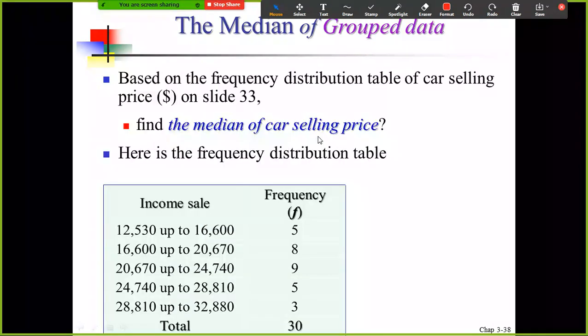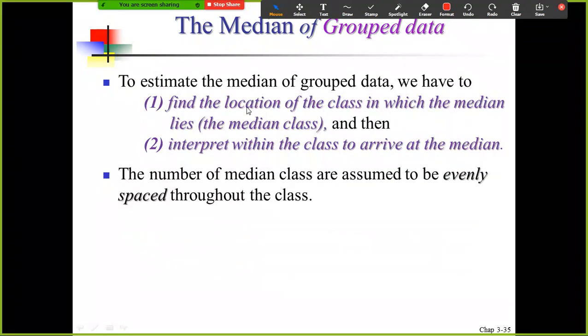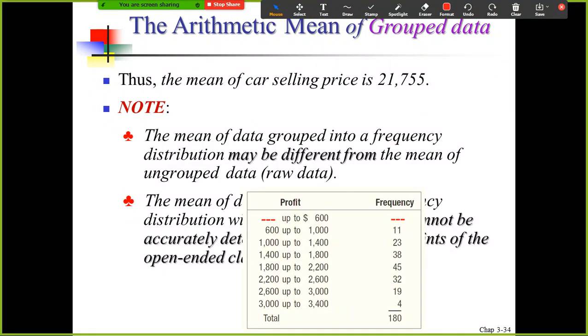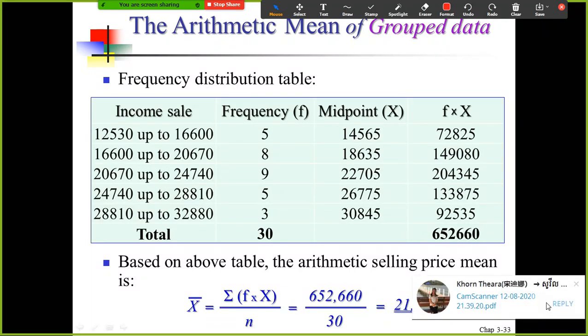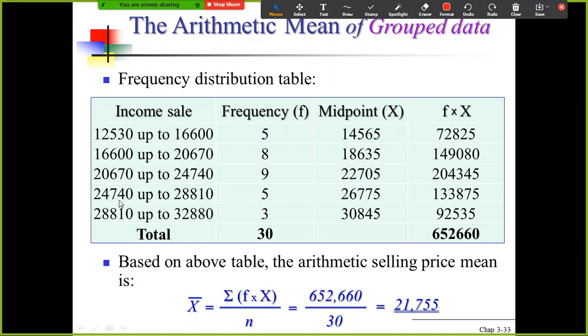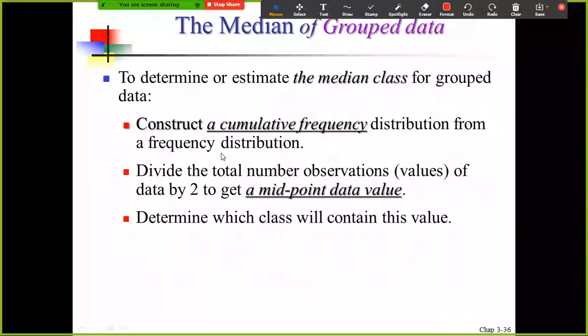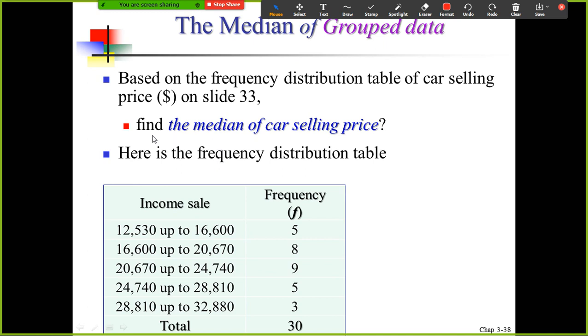Based on the frequency distribution table of car selling price on slide 33, find the median of car selling price, or median selling price of car.